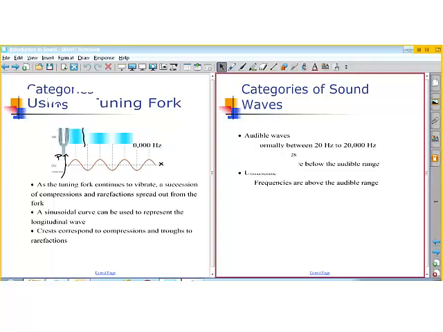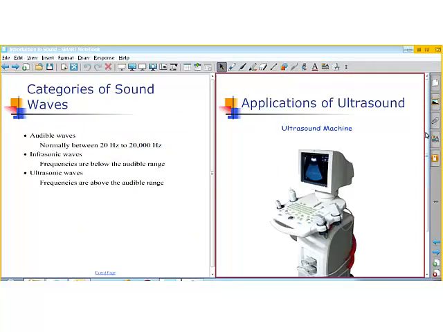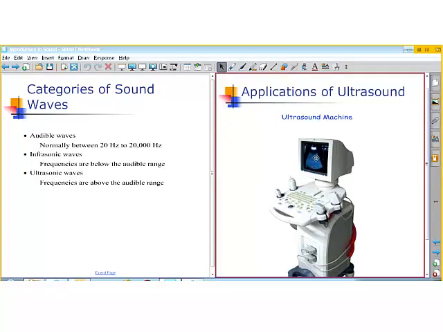A couple of applications of waves besides just listening: you have an ultrasound machine. What happens is you send sound waves of high frequency. They go in through the body, and then they're reflected back. By analyzing those reflected waves, you can see something like a baby or a tumor. You can also use ultrasonics to measure flow rate.